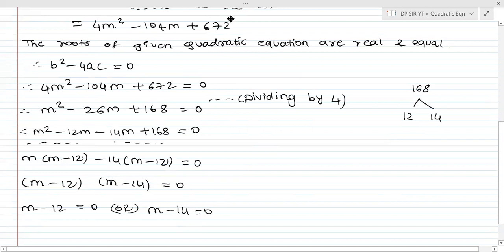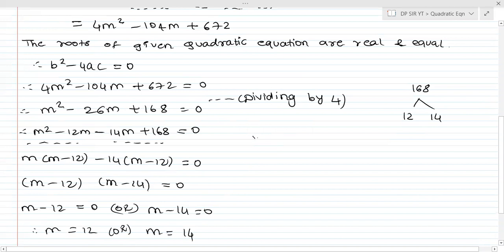Okay, I hope my screen is visible. Thank God. Therefore m is equal to 12 or m is equal to 14. Okay, now we need to find the value of m, right?